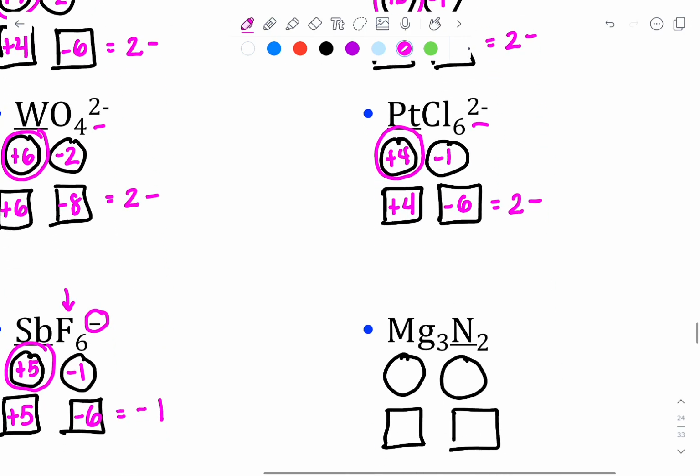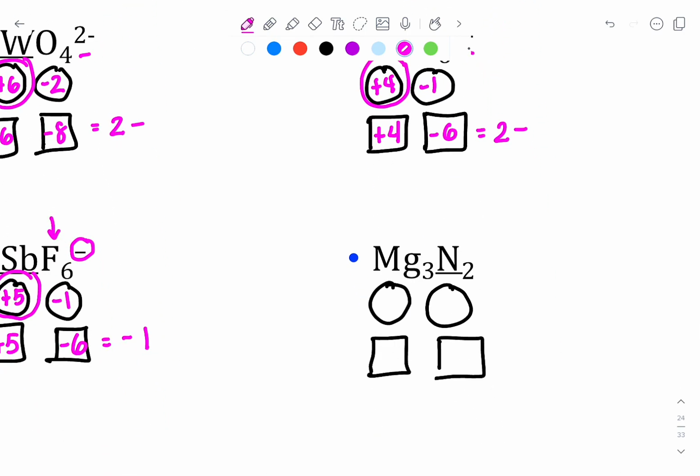Okay, and our last example, magnesium and nitrogen. Well, we don't know any rules for nitrogen, but we do know a rule for magnesium. It's in group 2. So if it's in group 2, it has a +2 oxidation state. Since there's 3 of them, its total contribution is +6.